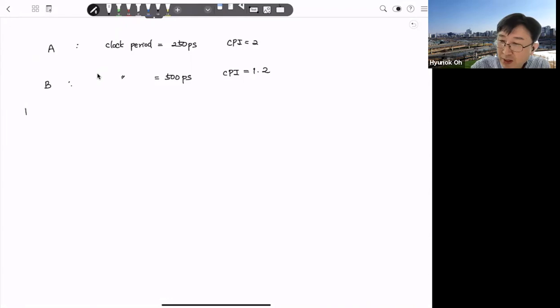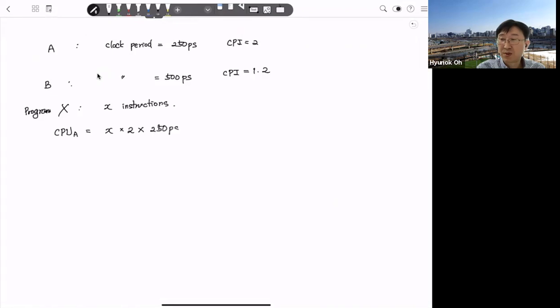So there is some program, right? Let us assume that it takes X instructions to complete this program. Then what's the CPU time of A? It takes X instructions, CPI is 2 and clock period is 250 picoseconds, right?